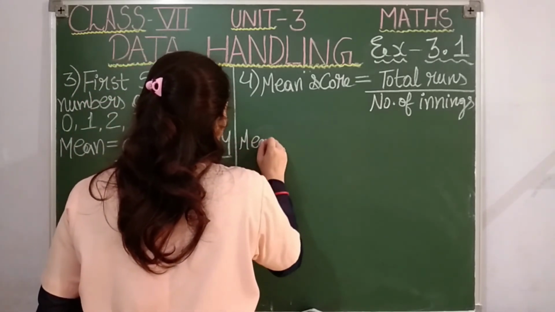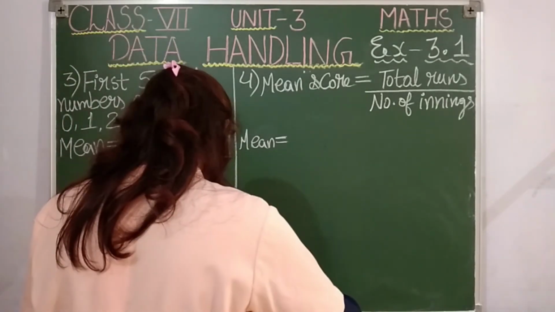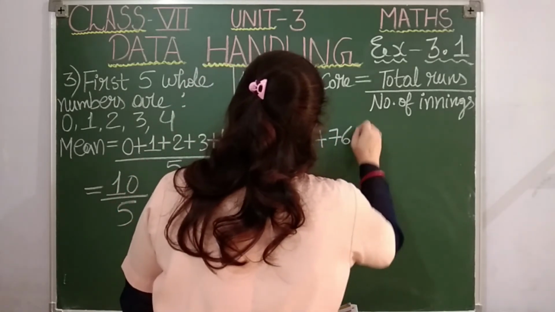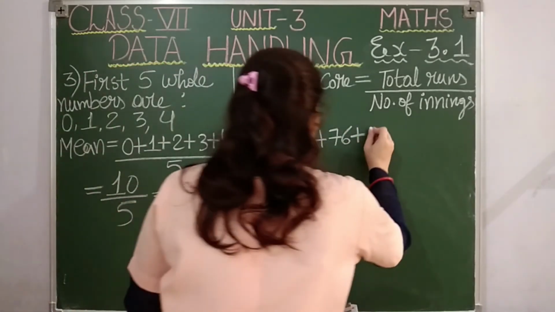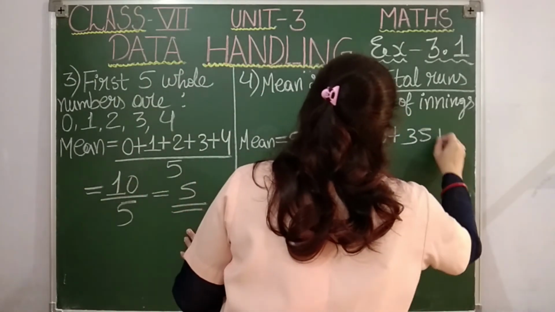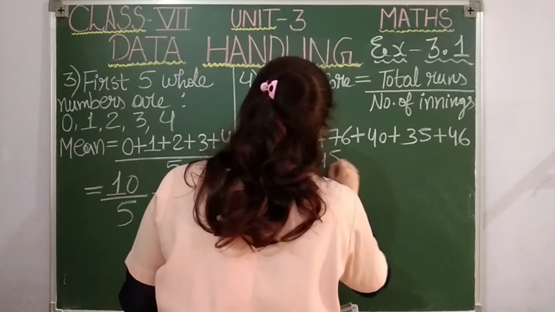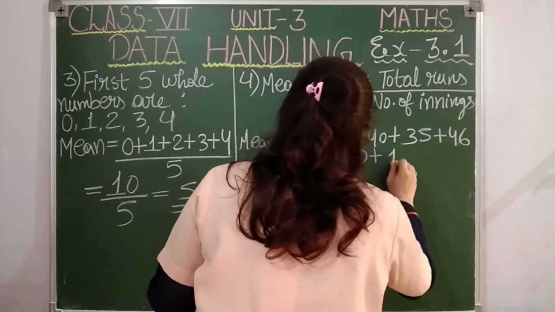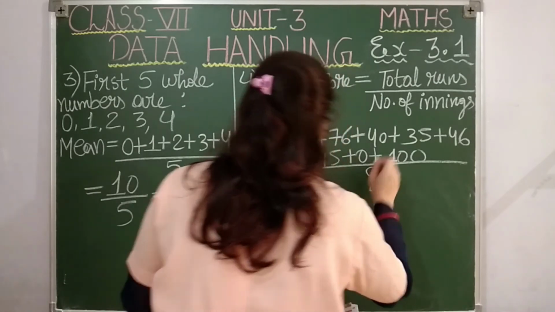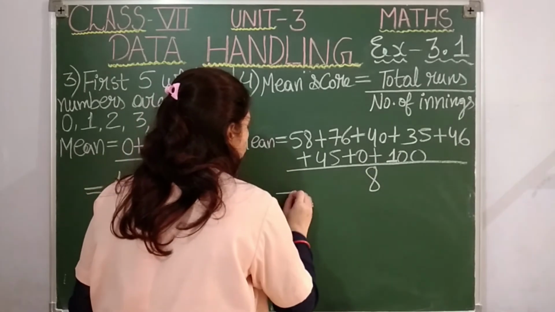So, again I will write here mean is equal to, and we will add all the runs scored by him, that is 58 plus 76 plus 40 plus 35 plus 46 plus 45 plus 0 plus 100. So, students, first add and then you are going to divide it by 8 because total innings are 8. So, after solving this you will get the mean score. So, let us add, students.